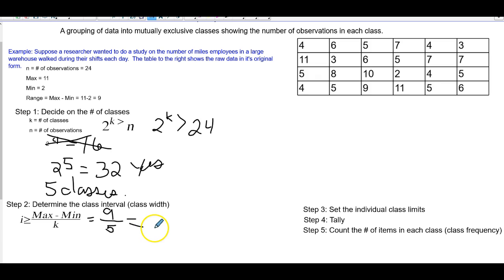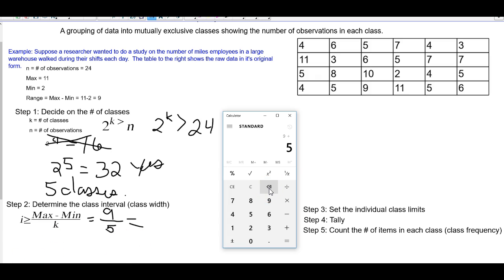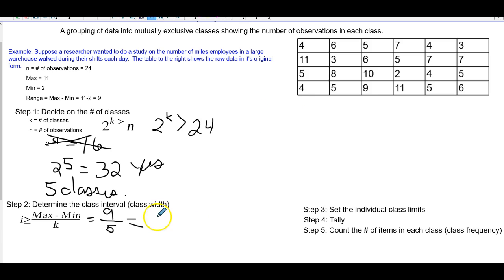But 9 divided by 5 doesn't give us a nice whole number. What it does give us, let me pull up my calculator. 9 divided by 5 is 1.8. Here's the thing.